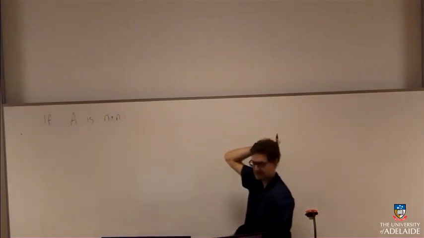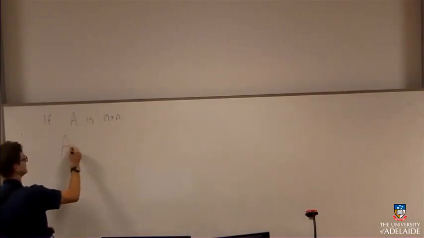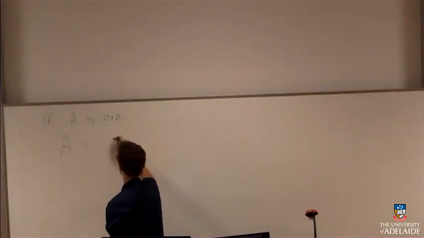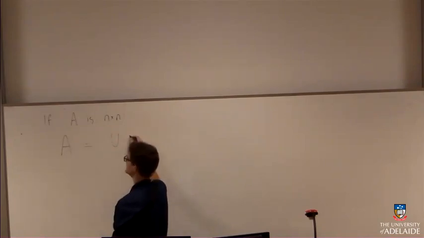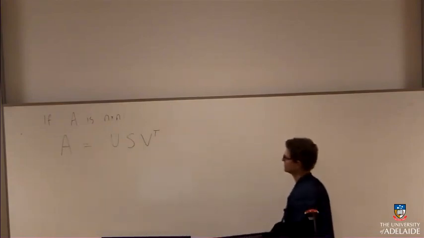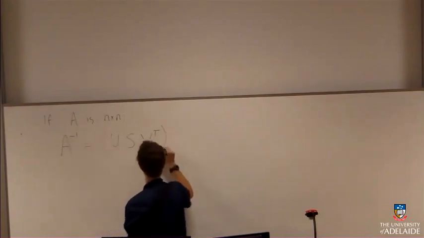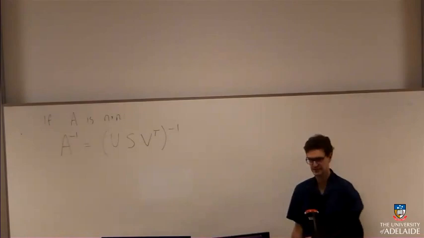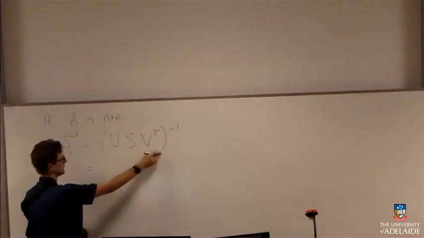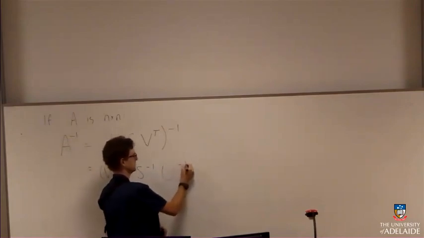You may remember that one cool thing about diagonalization was that we could use it to calculate the inverses of matrices, and we can do the exact same thing with the SVD. The idea is that I can factorize my matrix into U times S times V transpose, and if A is a square matrix, I can calculate its inverse by writing this as V transpose inverse times S inverse times U inverse.